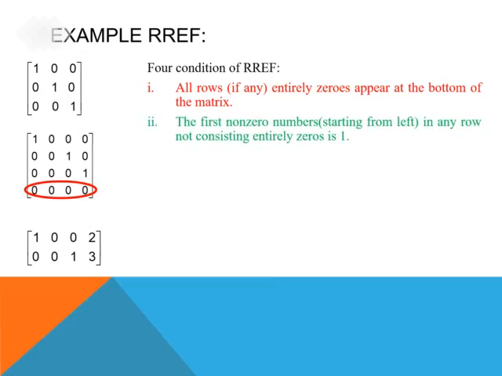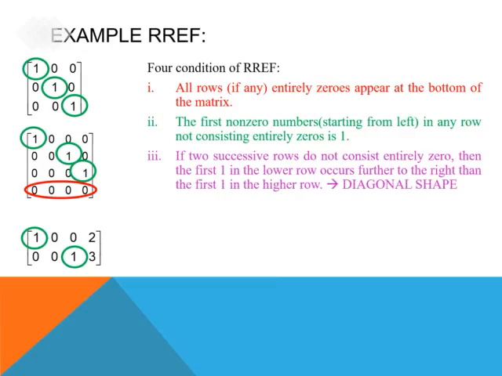Number 2 is the first non-zero number must start from the left. Okay, this one here, we call it a leading one. And our leading ones must be in a diagonal shape.